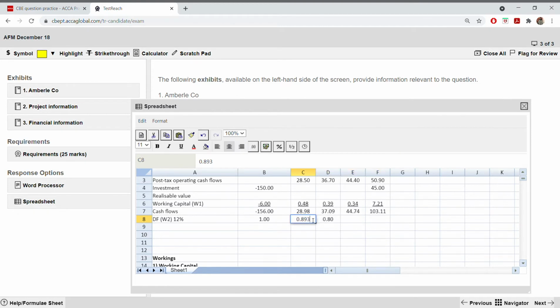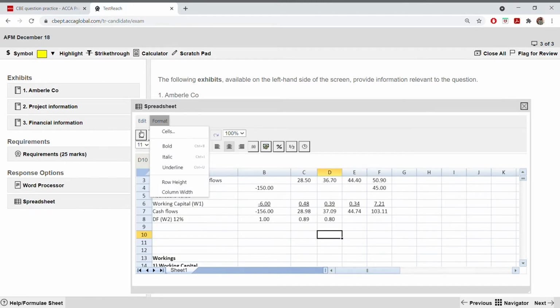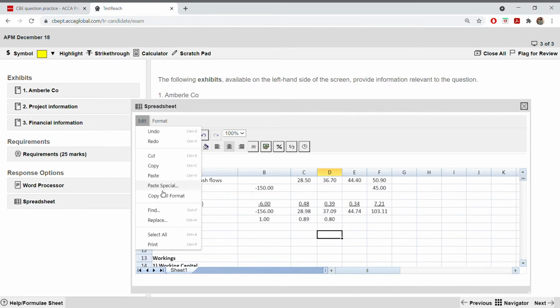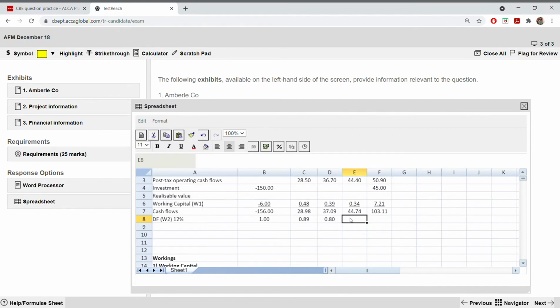So that's what it's doing. Zero 0.8. Okay. 0.712 and 0.636.